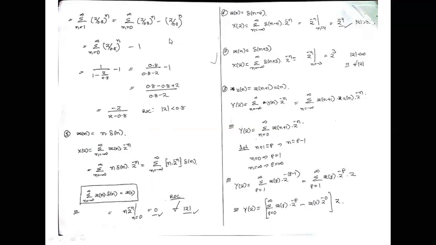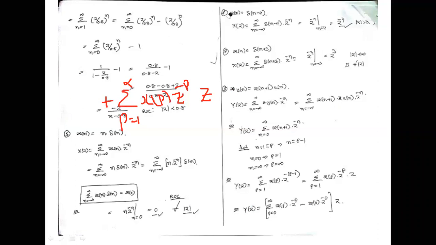So actually, how did we get that function? See, the sum over p equal to 1 to infinity of x of p z power minus p into z. The unilateral z transformation starts from 0 to infinity, so I am adding the term for p equal to 0.